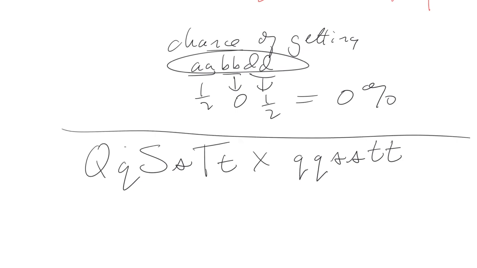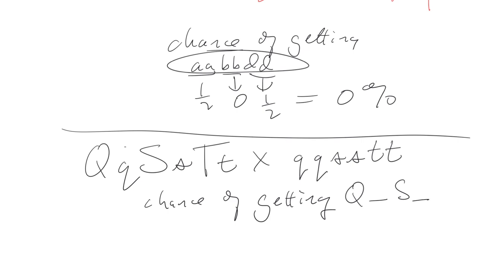Okay, so what's the chance of getting a child that's, let's say, big Q, anything, big S, anything, then TT? Okay, so let's do individual crosses for each of these.